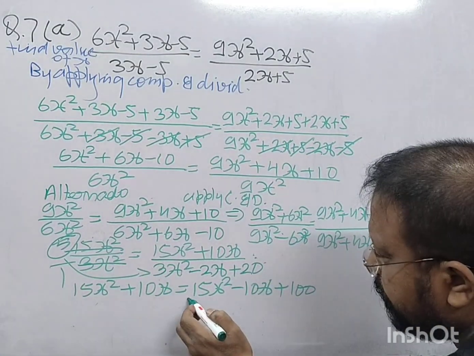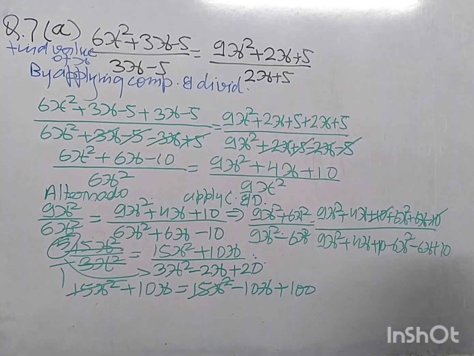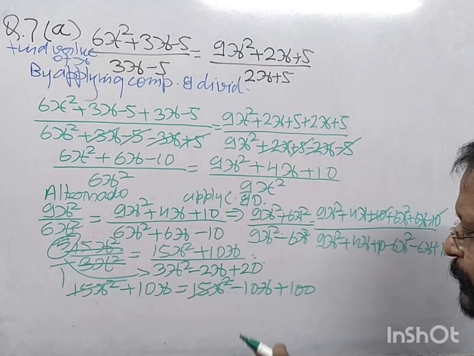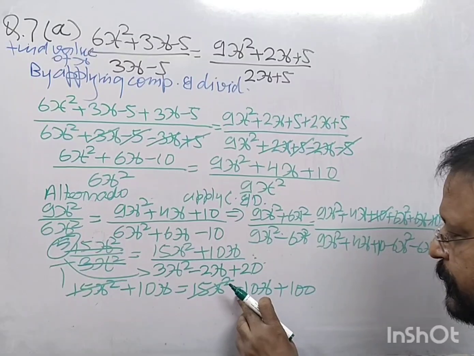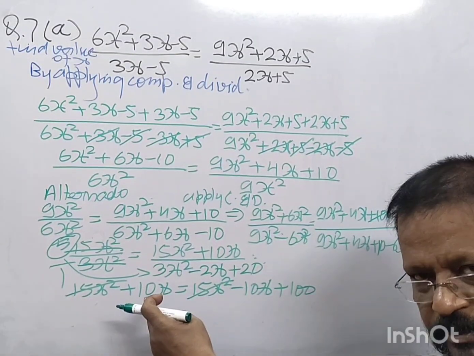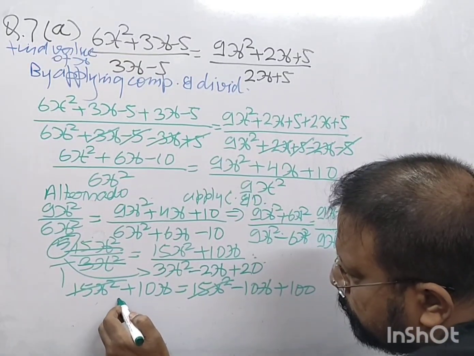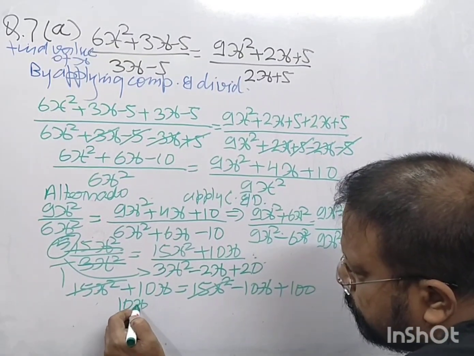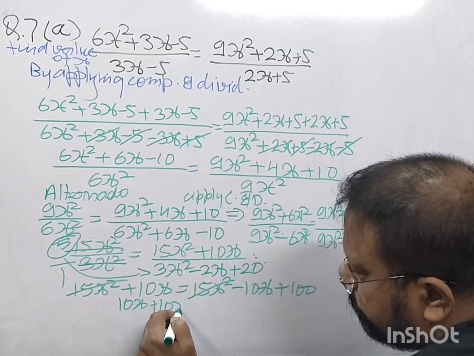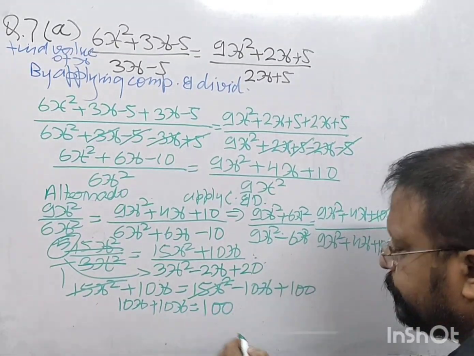Now this 15x² and 15x² are cancelled out, right? So what happens? This minus 10x goes to the other side and becomes plus 10x. So 10x + 10x is equal to 100.